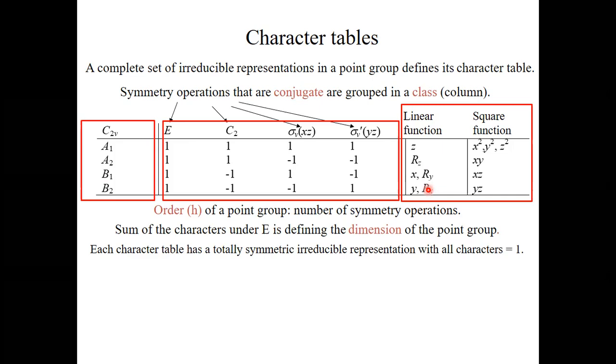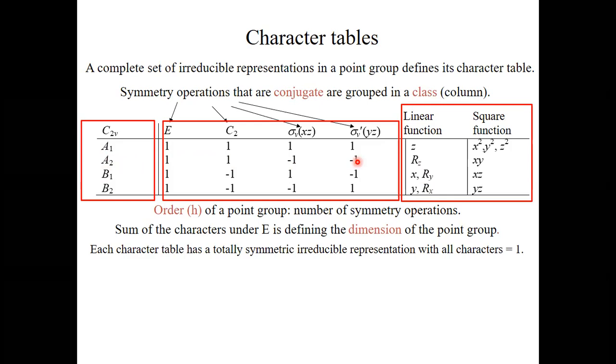These rotational vectors also belong to certain symmetry types, depending on which axis we rotate. For instance, rotation around the z-axis is associated with symmetry type A2, which is associated with the characters 1, 1, minus 1, and minus 1 in the associated irreducible representation.